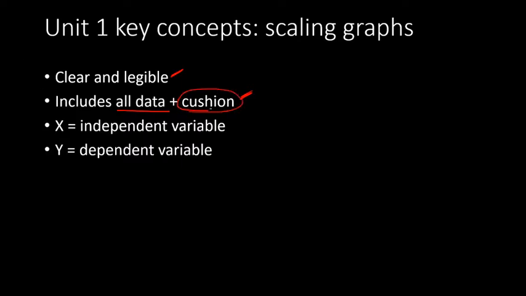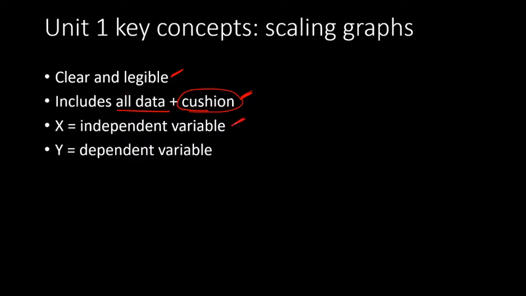For example, if you had temperature values on your y ranging from 0 to 20 degrees, I would recommend that on your graph you show maybe -5 degrees to 25 degrees. You know what I mean? Just give a little bit of a cushion, so including the range and the domain of all of your data and then a little bit more.